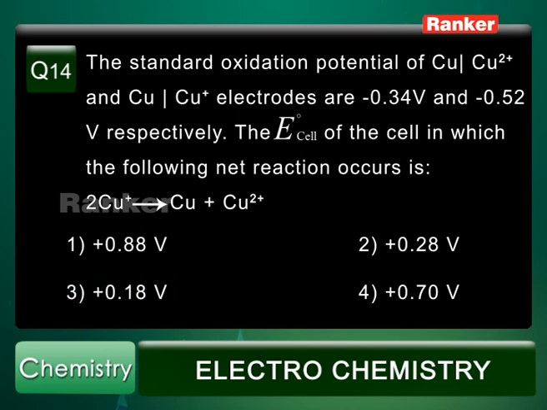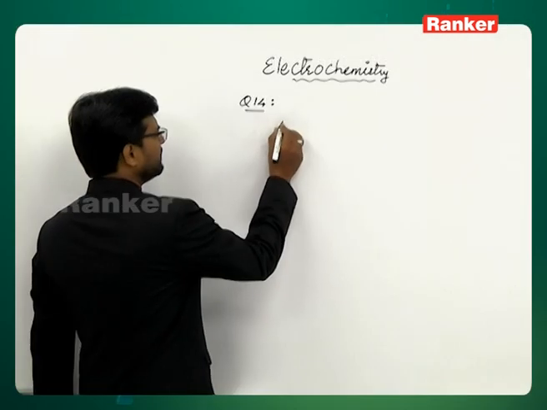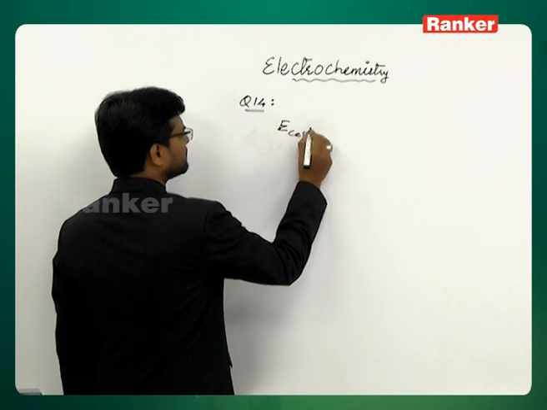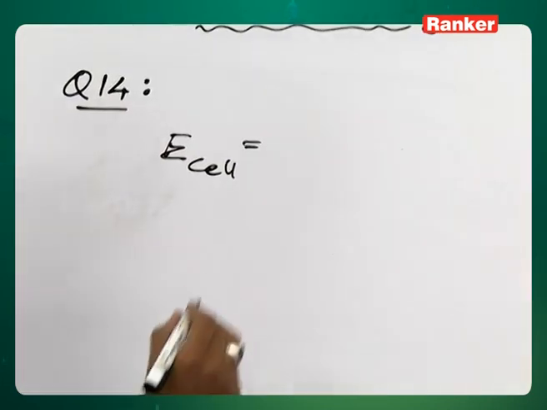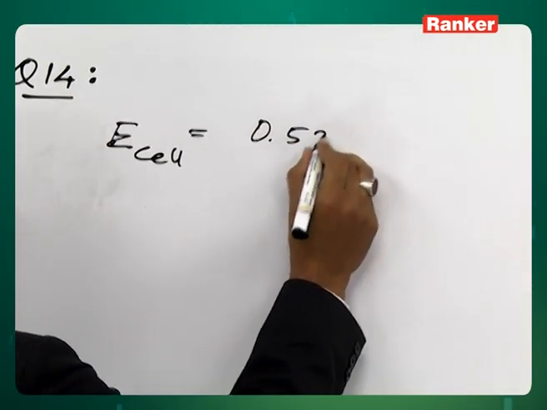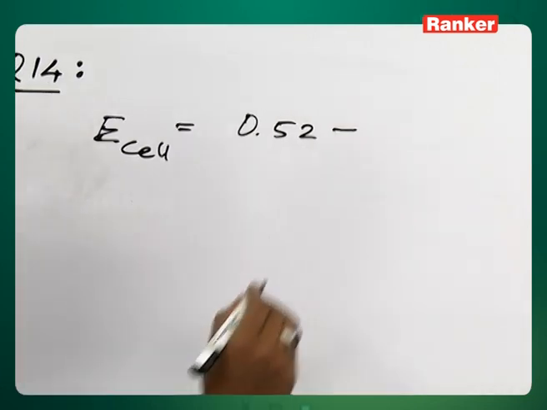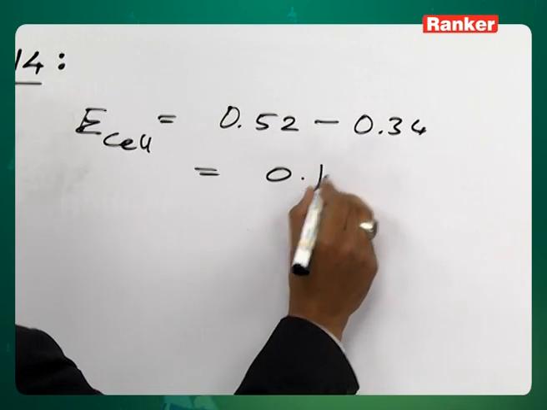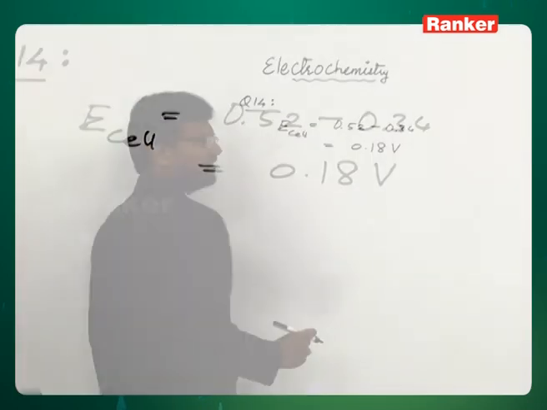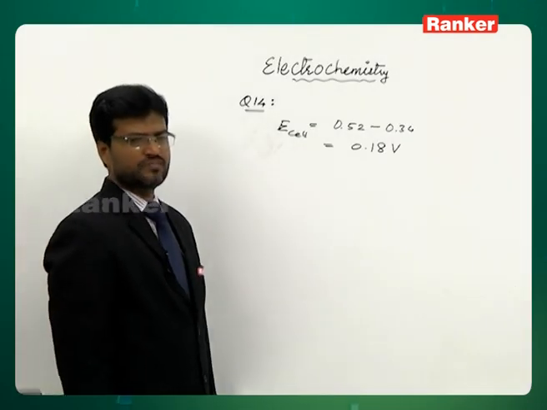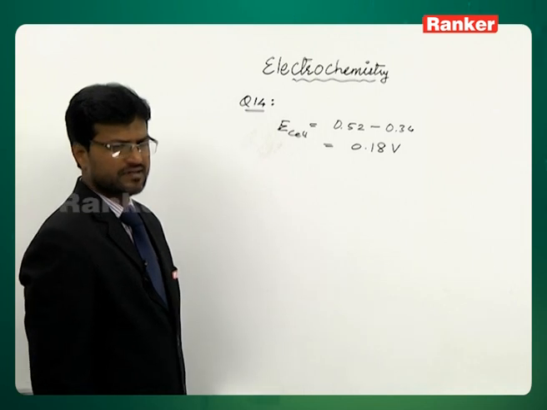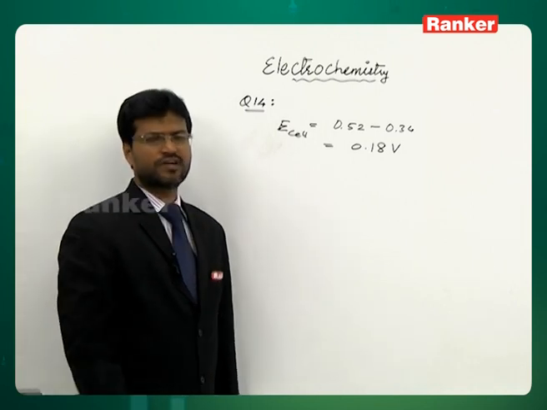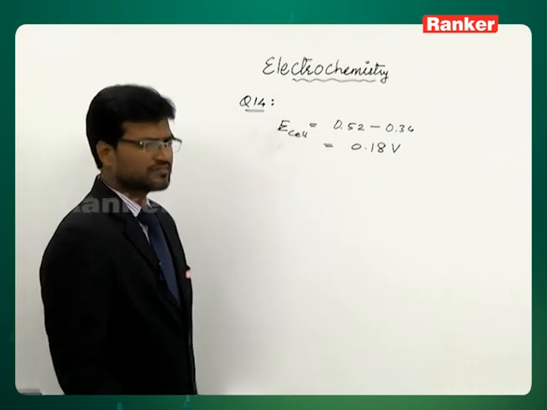You get it from the difference. E cell equals 0.52 minus 0.34. That comes to 0.18 volts. Actually here the overall cell reaction is obtained from those two electrodes, Cu|Cu.